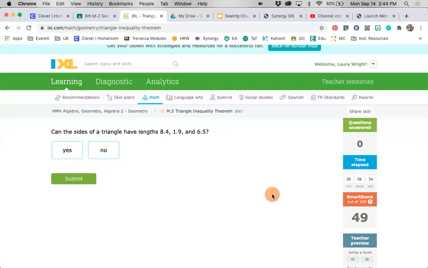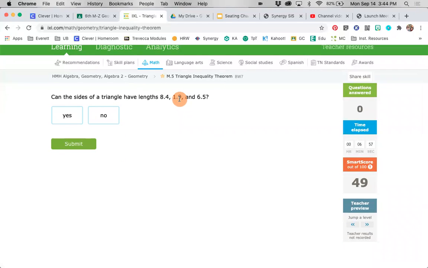On our next level, again, same idea. I usually pick the first two, but you can use any two. So I'm going to add 8.4 and 1.9. My maximum side length has to be 10.3. This is less than 10.3. So far, so good. Then we will subtract 8.4 minus 1.9. 6.5 is what we get, and so this answer has to be greater than 6.5.